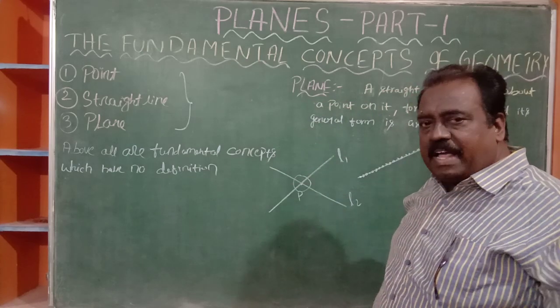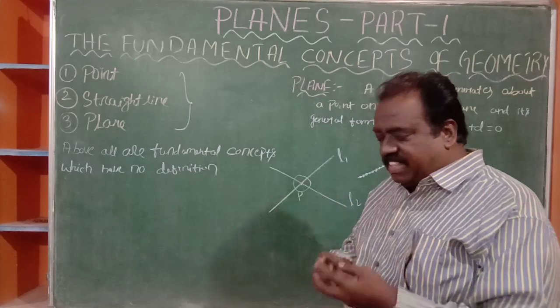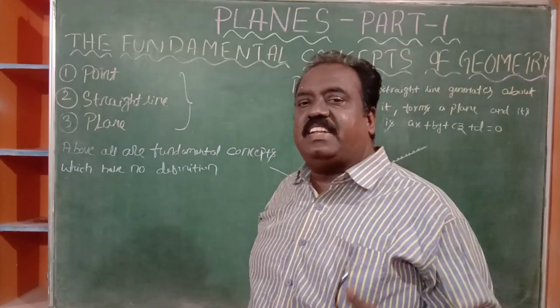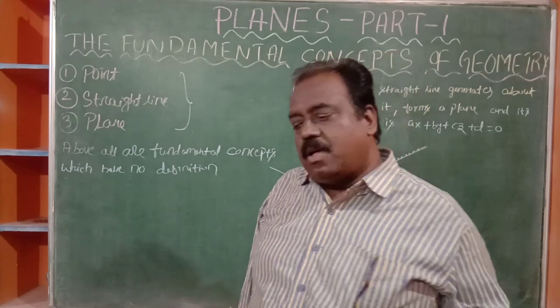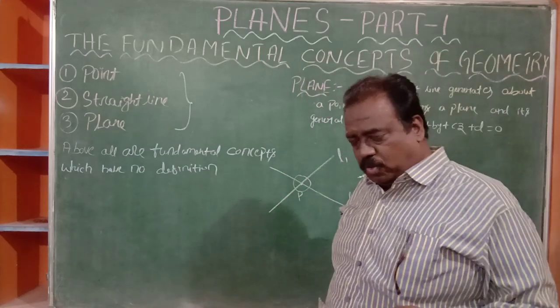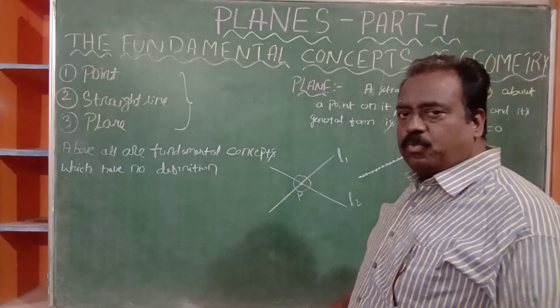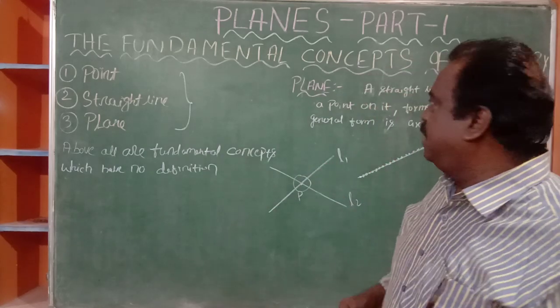So the plane, the point and the straight line, all three are connected with each other. So mathematicians decided that they are fundamental concepts. Moreover, if anybody asks you what is a plane, we may explain to some extent.